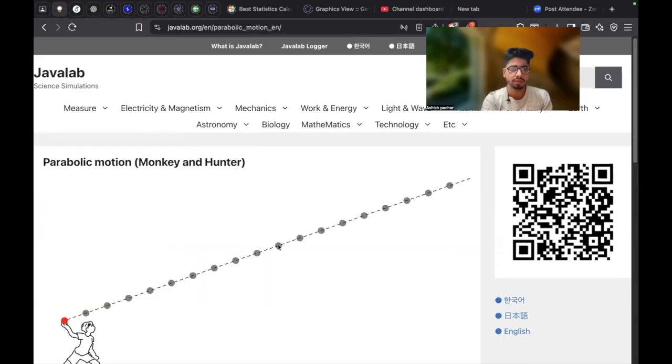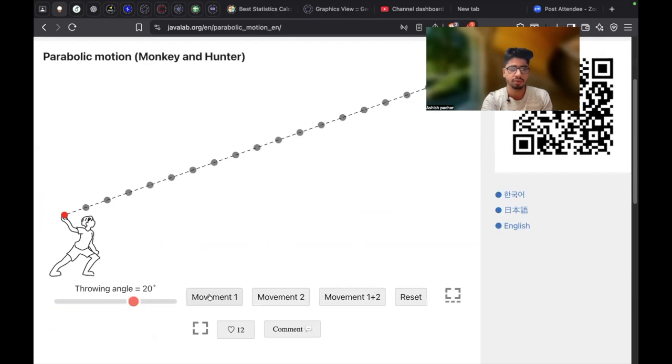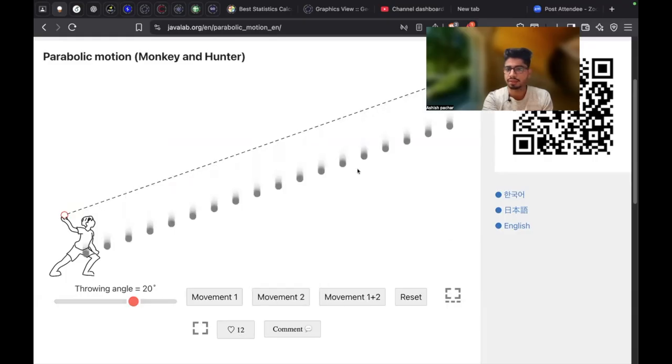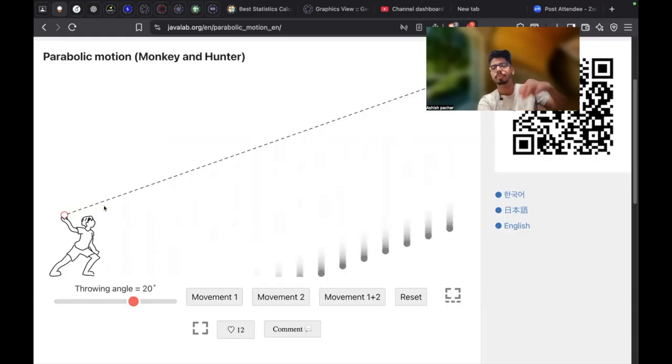Let me show you the first motion. Somebody has thrown it, and as you throw it, this is the motion, with some specific angle, 20 degrees. As you launch it, you can think of it like this: you are leaving the ball every time, because the acceleration acting on the ball is the same.